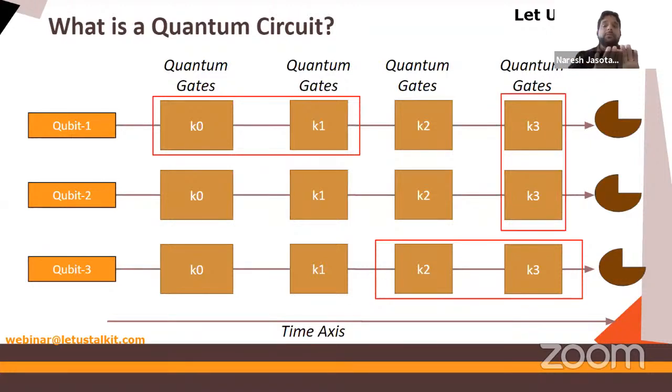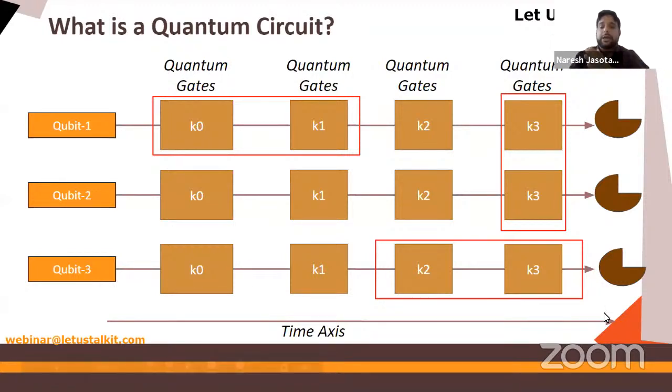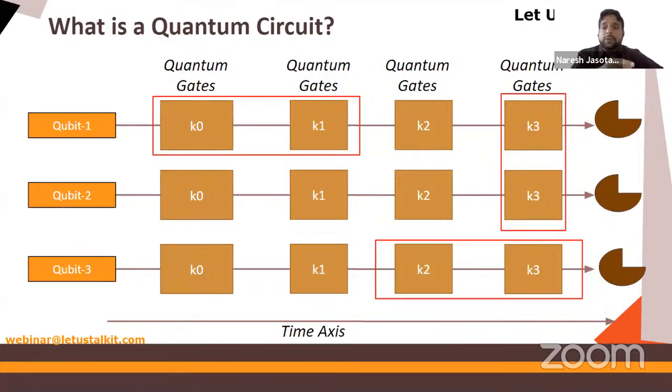This diagram is a blueprint for quantum computation. So I repeat one more time, a quantum circuit is a diagram which is read from top to bottom and from left to right on the time axis. So a quantum circuit is a representation of quantum bits on a time scale with gates applied.